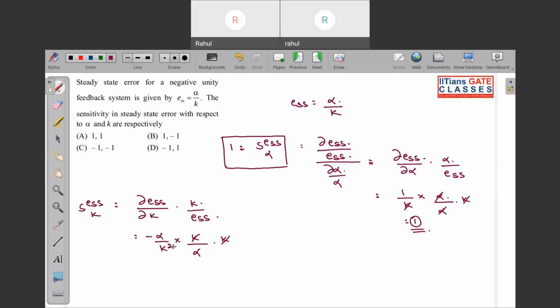So k gets cancelled with k square, and alpha gets cancelled. So this is minus 1. So S_ESS^k is equal to minus 1. So what answer do we get? Plus 1 and minus 1. So option B is your answer.